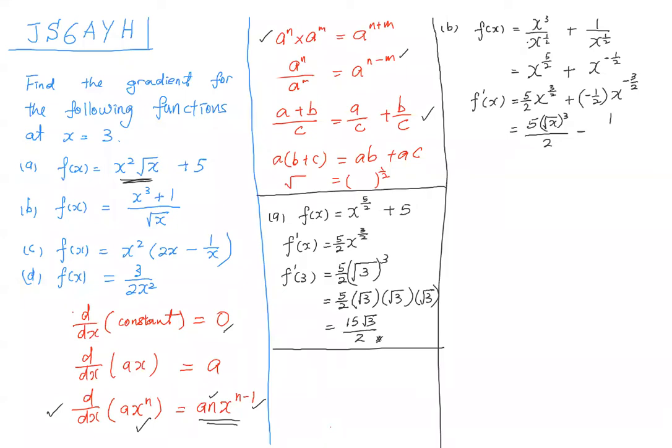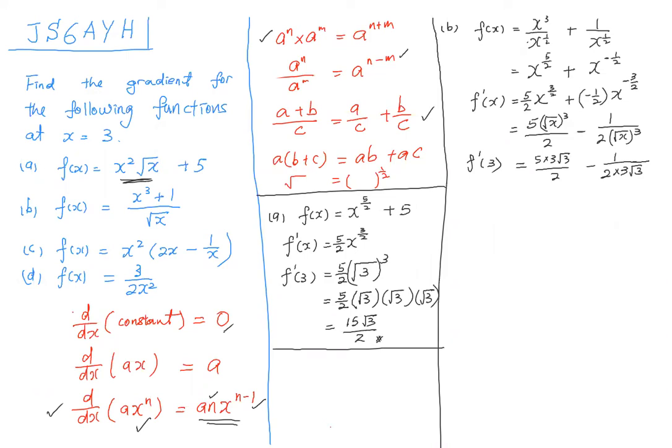Plus times minus is minus 1 over 2 square root of x to the power of 3. Okay, so now I sub in x equal to 3. So from here it is 5 times 3 root 3 over 2, take away 1 over 2 times 3 root 3.